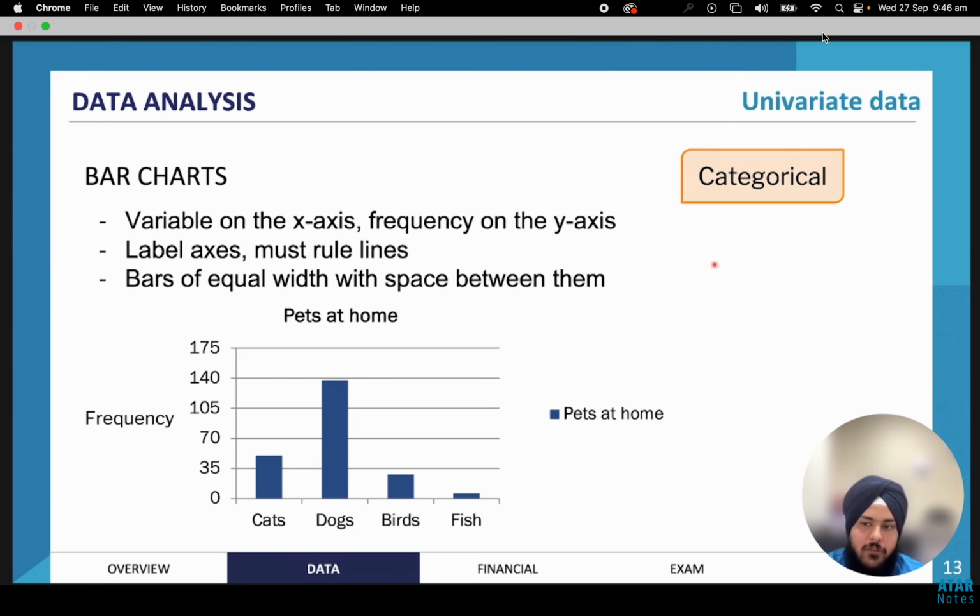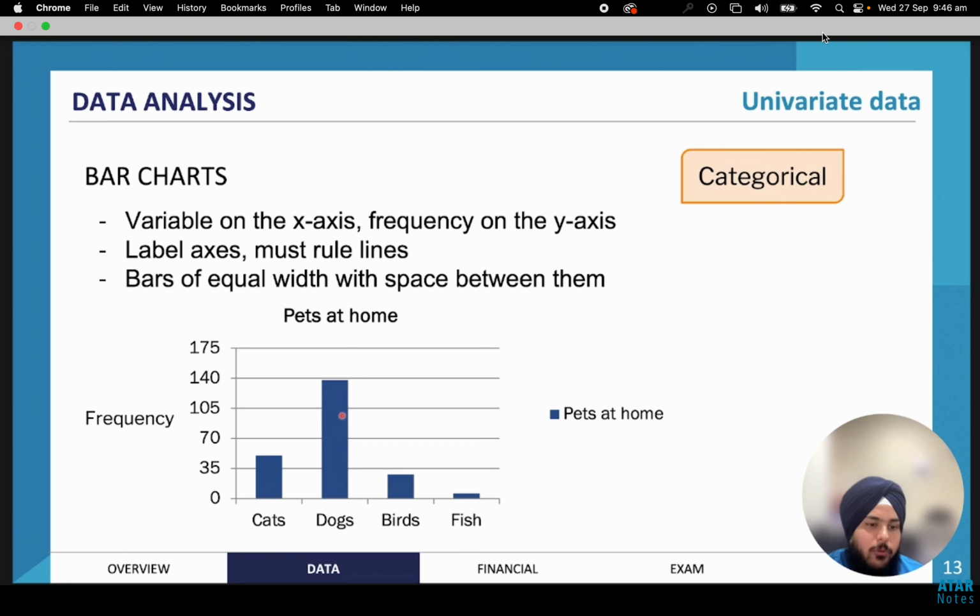We'll be looking at a different type of graph, which is called a histogram, which sort of looks like a bar chart, but there are no spaces. So it's really important to have spaces in between for bar charts. If we quickly look at this particular bar graph that we have here, it denotes the number of pets that people have at home.